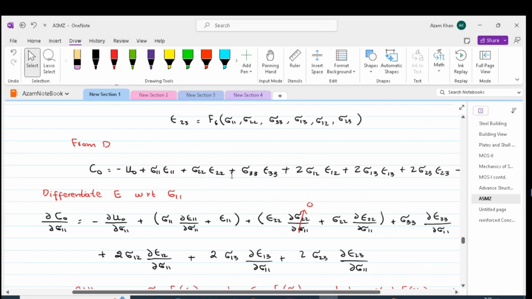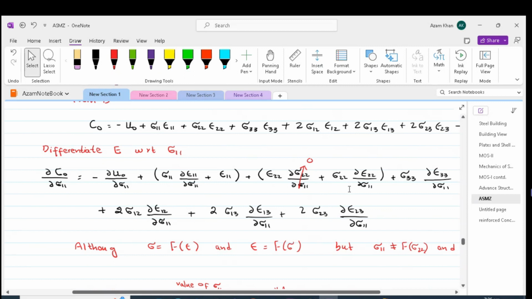So in the other expressions, we have only the epsilons dependent on sigma 11 and the stresses are independent of sigma 11. So therefore we would get sigma 22 partial of epsilon 22 by partial of sigma 11 plus sigma 33 partial of epsilon 33 by partial sigma 11 plus 2 times sigma 12 into partial of epsilon 12 by partial of sigma 11, and similarly the other two expressions.